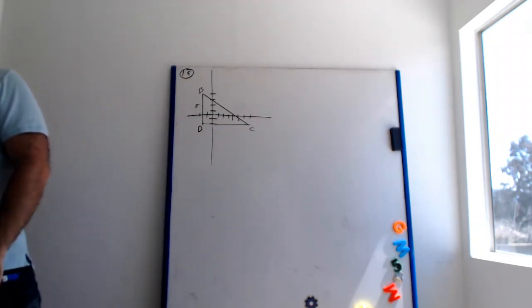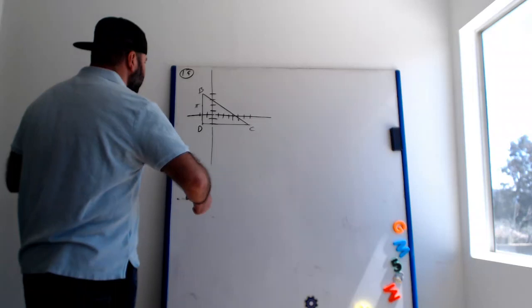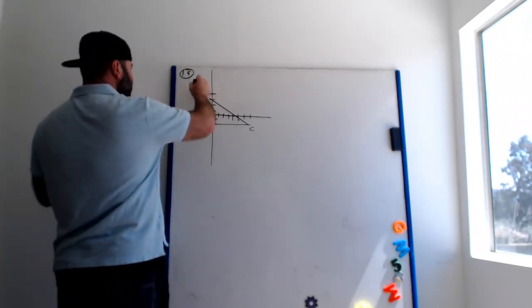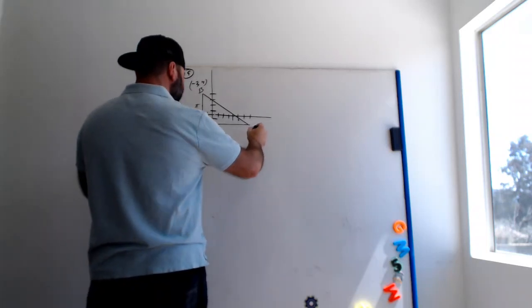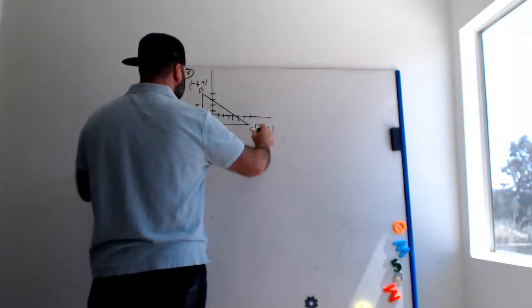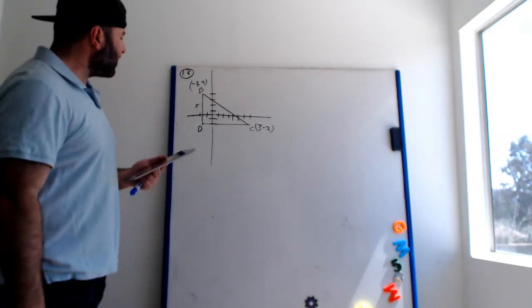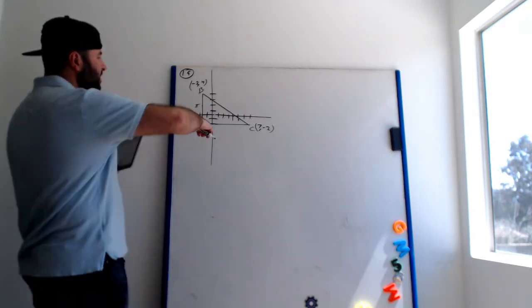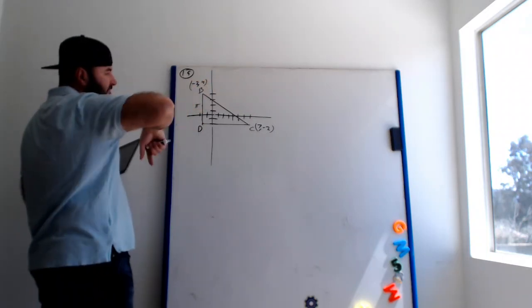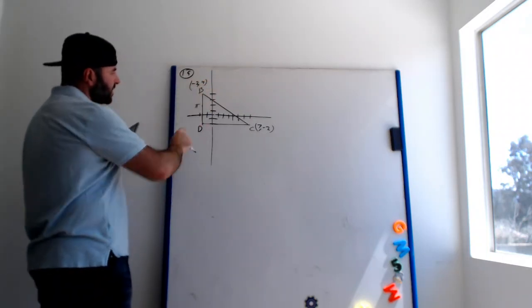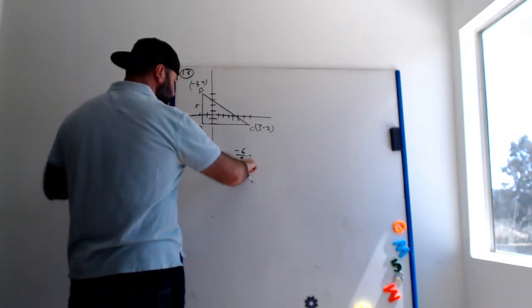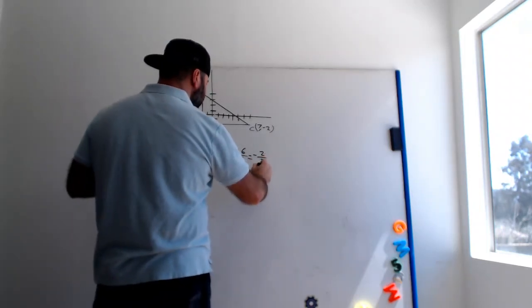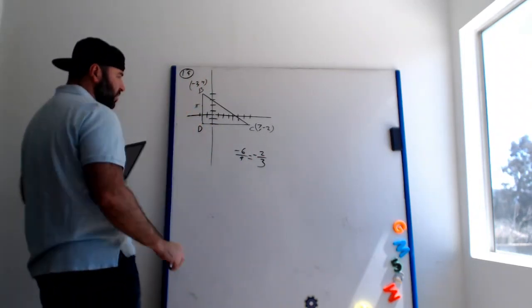Going from this coordinate over here at -2, 4, to this coordinate at C, which is at 7, -2, my slope, rise over run, goes in the negative direction: I go down 6 over 9. So that gives me a slope of -2/3. That's what I'm going to duplicate over here.